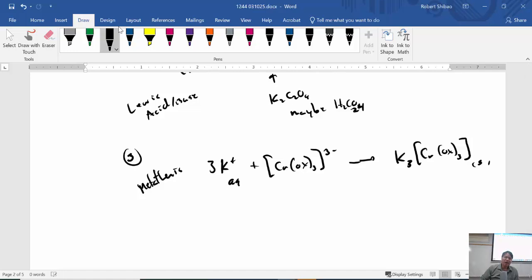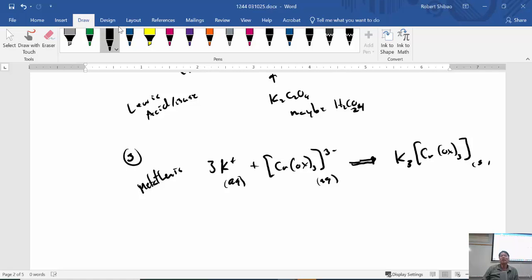Potassium salts are soluble. So how are we going to get this to precipitate out? One way we could get this to precipitate out is to evaporate all the water. But if we evaporate all the water, do you know what else is going to precipitate out? Any excess oxalic acid. Oxalic acid is a white solid. Any excess oxalic acid, any excess potassium oxalate will also precipitate out.